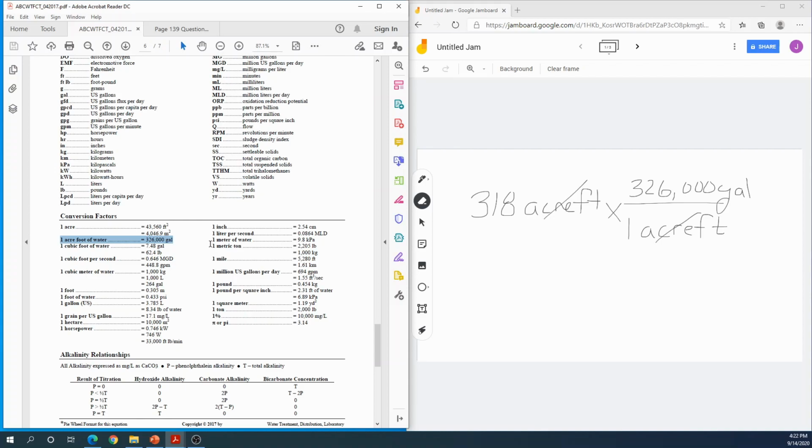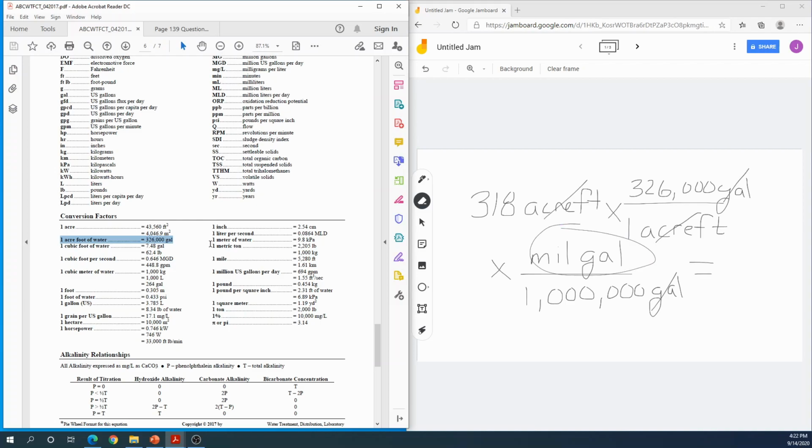And then we want to get this to million gallons though. So we have to multiply this by, in a million gallons, there is 1 million gallons of water. So gallons cancel gallons, and we're left with million gallons for our units.